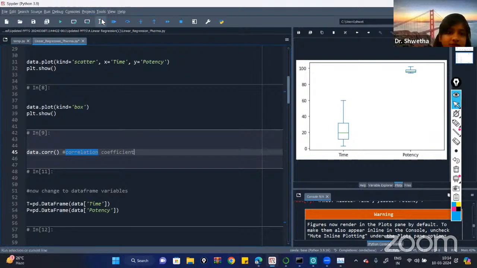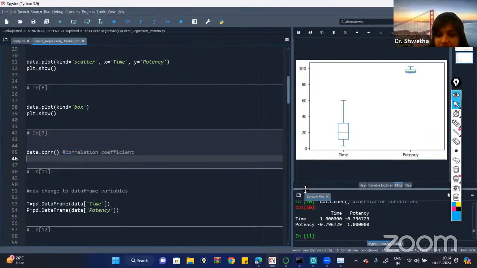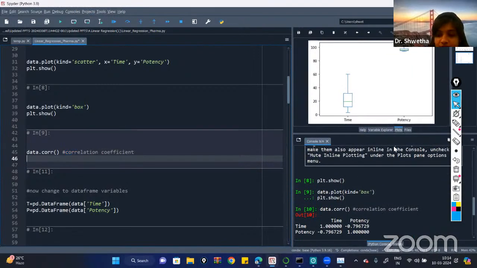If I execute this, you can see in the console this is the correlation. We can ignore this because time and time correlation is 1, and potency and potency correlation is 1.